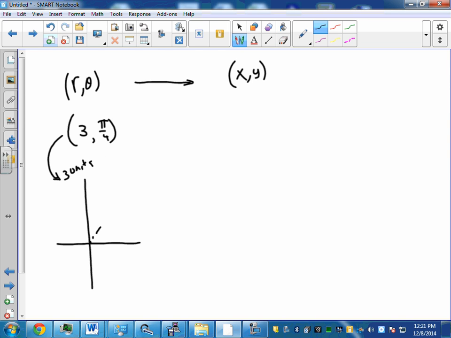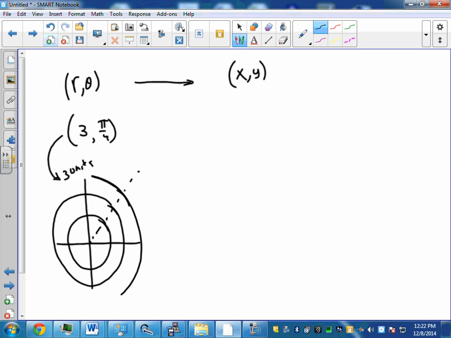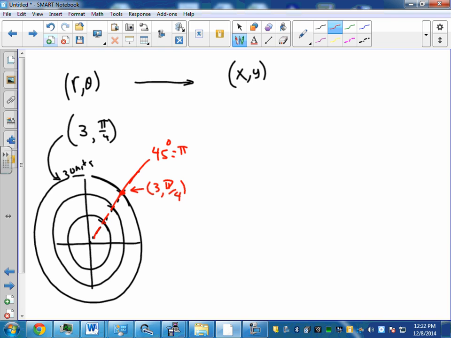So pi over 4 is our 45-degree angle, and we're stepping 3 units away. 1, 2, 3. If we had a polar grid, you can imagine this would be our unit circle, 1 unit away. This is a slightly larger circle with radius 2, and the one we need is radius 3. So 1, 2, 3. Here's our point. In our polar world, this is 3 and pi over 4, assuming this radial line here is at an angle of 45 degrees or pi over 4.